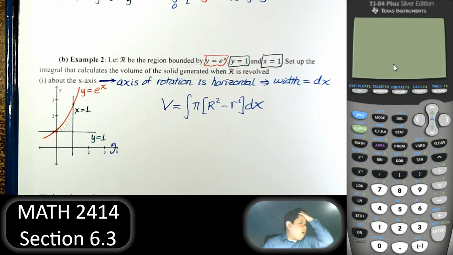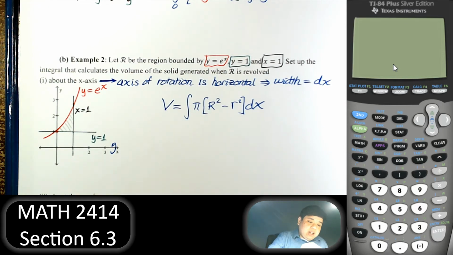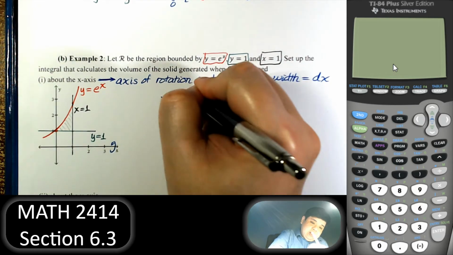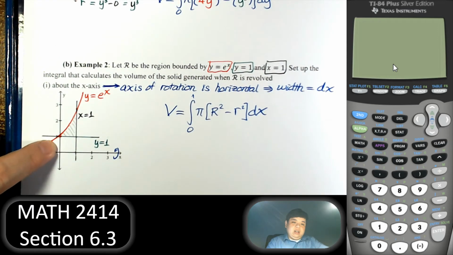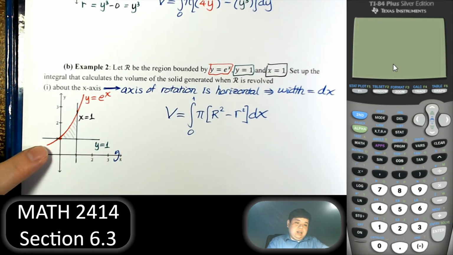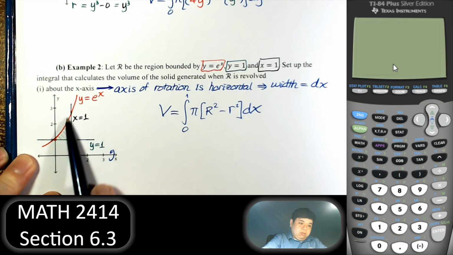So simple enough, right? On this region, what is the limit for x? We can see easily it goes from 0 to 1. x equal to 1, and then x equal to 0 is the intersection of the curve and the line.